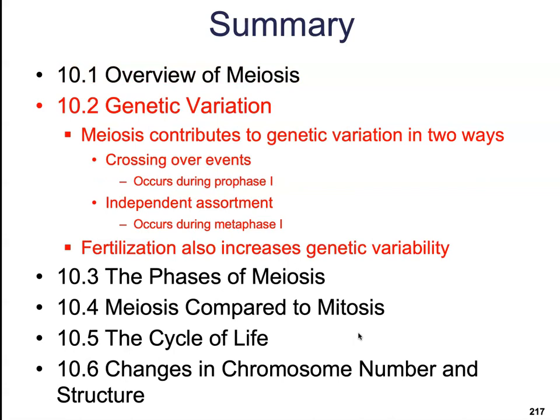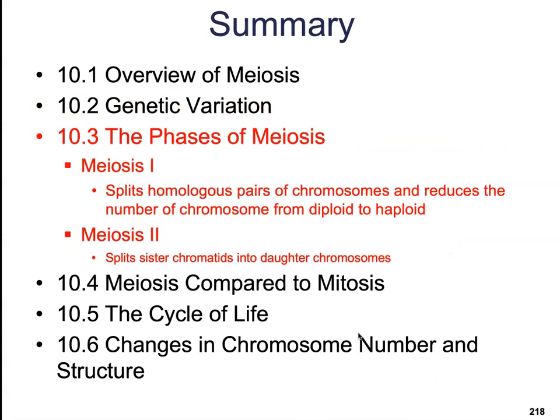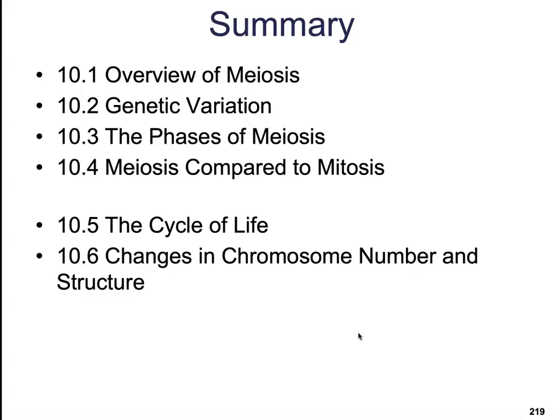We talked about crossing over events during prophase 1, independent assortment during metaphase 1. We talked about how fertilization can also increase genetic variability. Then we talked about the phases of meiosis. We went through meiosis 1 and meiosis 2. Then we compared meiosis to mitosis. We went through the life cycle, and then finally changes in chromosome number and structure.